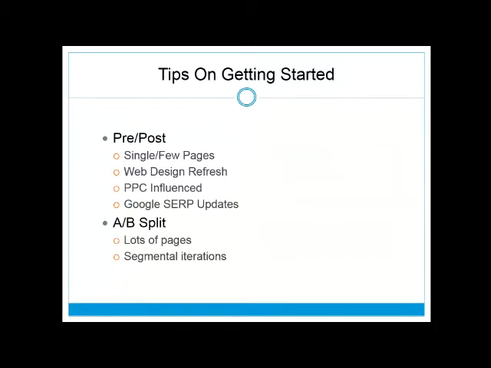So when do we use pre-post, and when do we do A/B split tests? Pre-post actually happens more so than A/B split tests, and that's because when you do pre-post tests, there are more situations which allow for it. If you're only testing out a few pages, we're not talking about hundreds of thousands, but say that you only have 1 or 2 pages, pre-post makes sense.